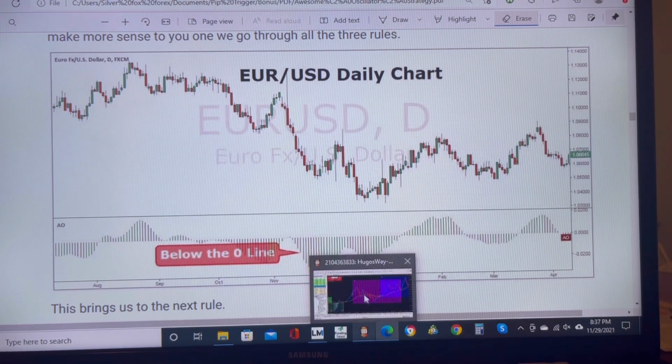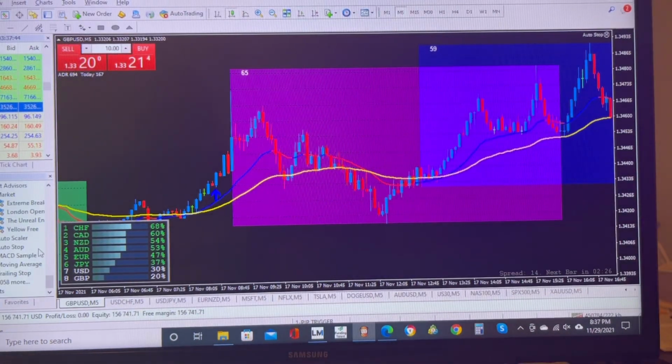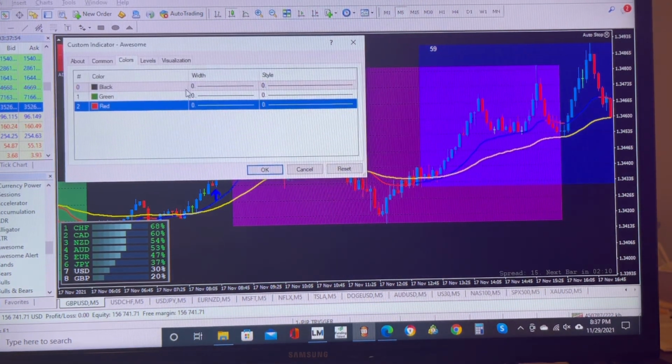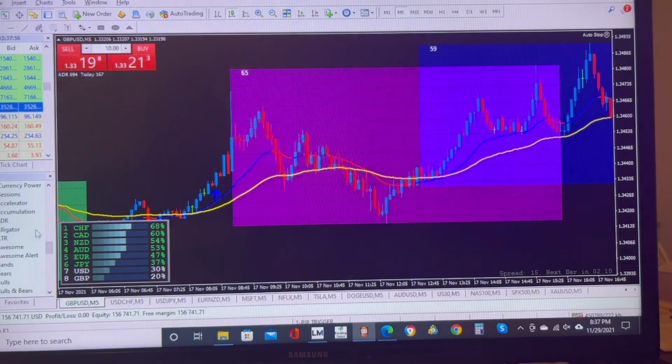I'll show you guys. I'm going to go to my chart here. Let's see if I just go for regular Awesome Oscillator. This is what I need here.